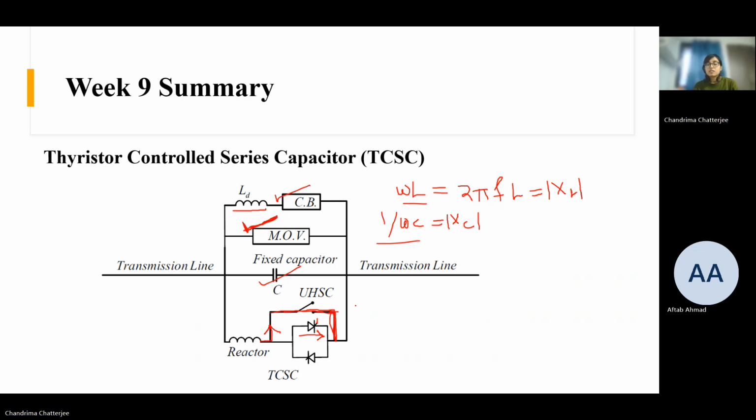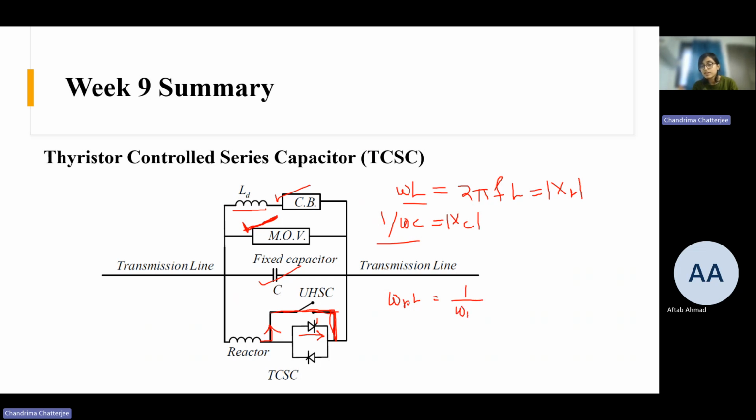But there will be a resonance frequency where this inductive reactance and the capacitive reactance will be the same. And that we can refer to as omega R, the resonance frequency. During resonance, omega R L will be equal to 1 by omega R C. That is the criterion for resonance, right?